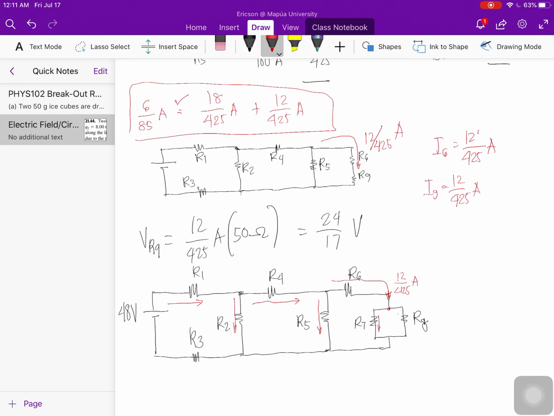So, maghahati lang siya dito. Para matapos na kagad to. So, we could say that I7 equals 12 over 425 amperes divided by 2, so that's 6 over 425 amperes. Equal din yan sa current on R8. Okay, so ito yung mga sagot natin.